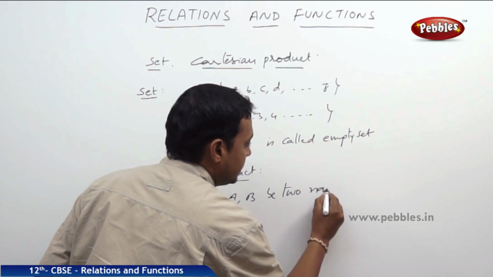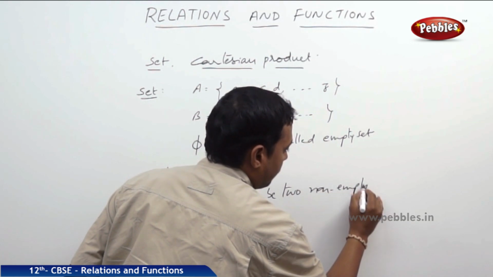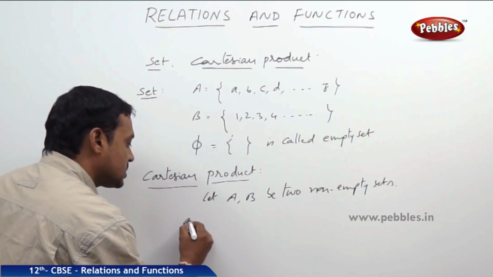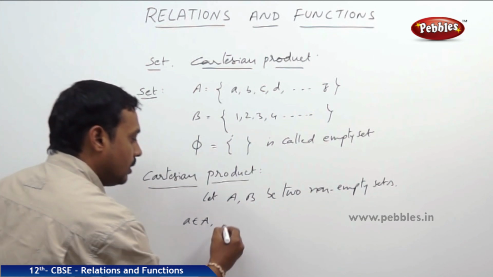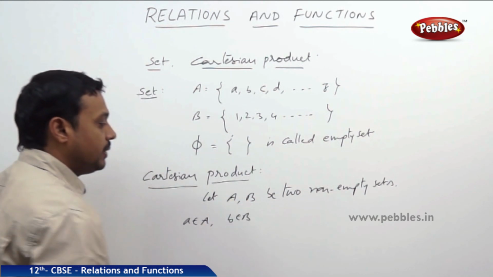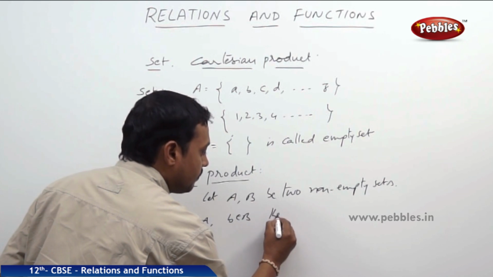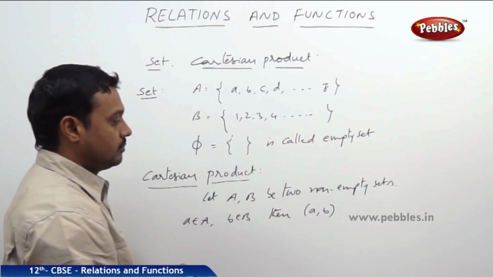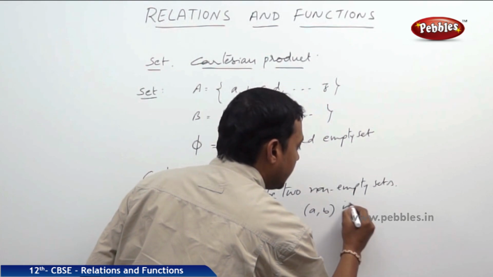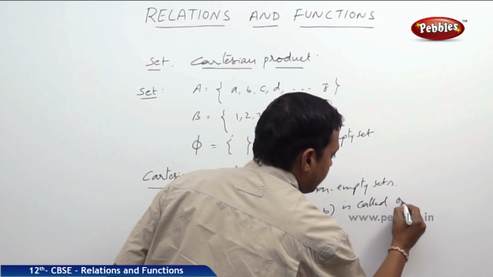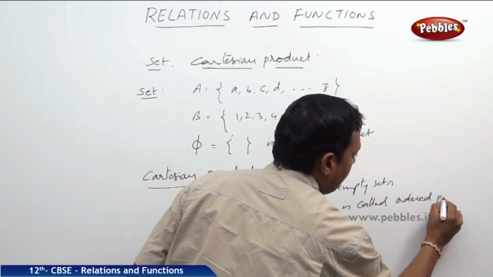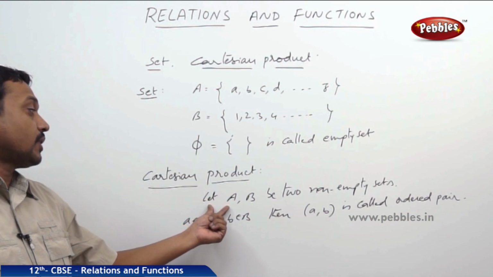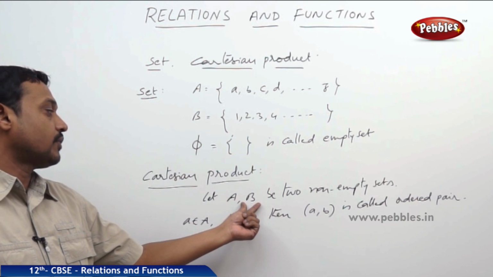And suppose some element a belongs to A and some element b belongs to B, then a is related to b, like (a, b), is called an ordered pair. So here a is some element chosen from A and b is some element taken from B.